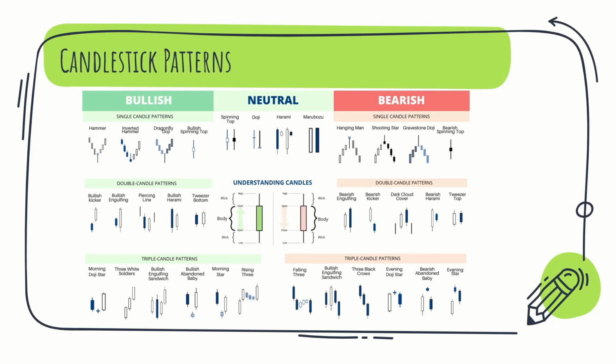Now, I mentioned kanina that we were gonna come back and discuss patterns. A lot of people tend to focus too much on the patterns that they forget the context. Now, I am not saying by any means that patterns do not work. They do, obviously. Kaya nga sila ginagamit ng mga tao eh. But context is more important than remembering the names of these patterns.